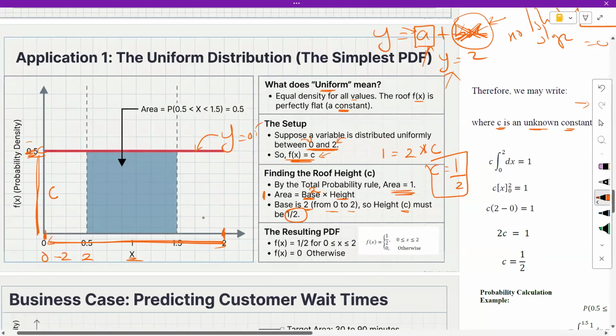Since the area is equal to 1, we can say that function is a probability distribution function. Now we found the value of c is 0.5. So f(x) equals 1 over 2 for x from 0 to 2, otherwise 0. So it can be written in statistics like this.